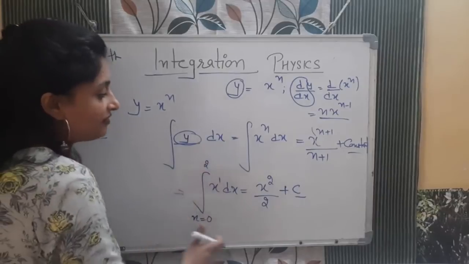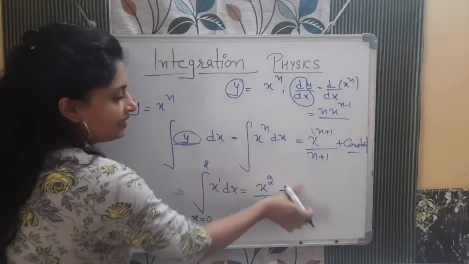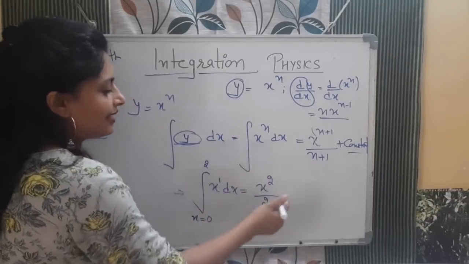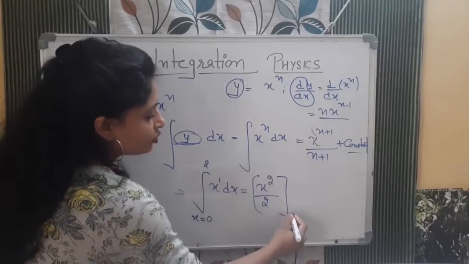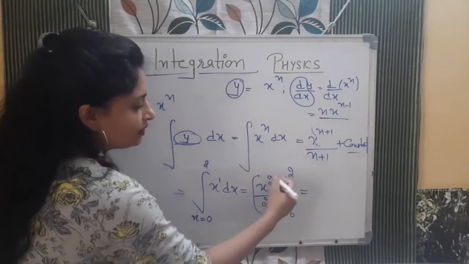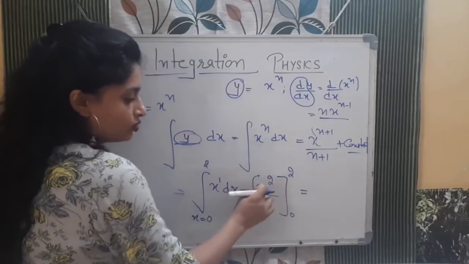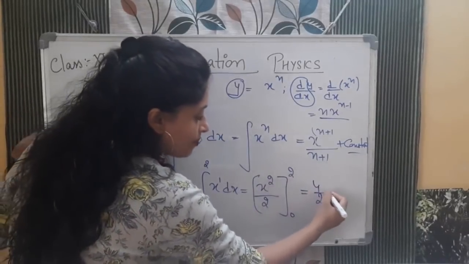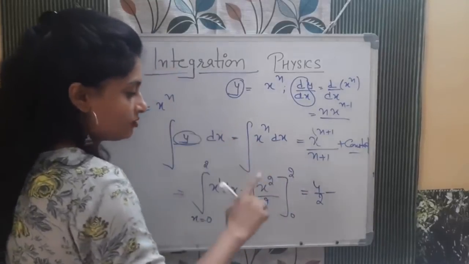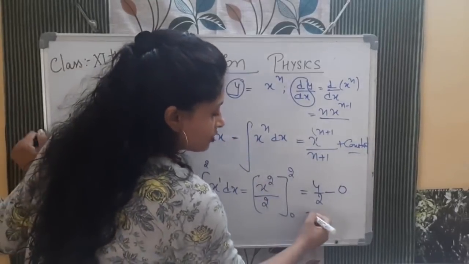That is known as the definite integral. In case of the definite integral, no need to write this, because you will directly put the limits, 0 to 2. When you put the limit, it will be 2 twos are 4, put 2 in place of x, so it will be 4 by 2 minus lower limit, upper limit minus lower limit. When you put 0, it will be 0, so the answer will be 2.